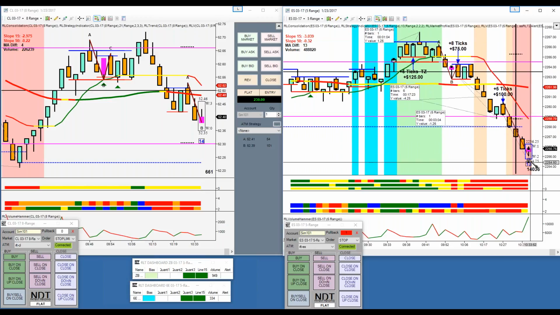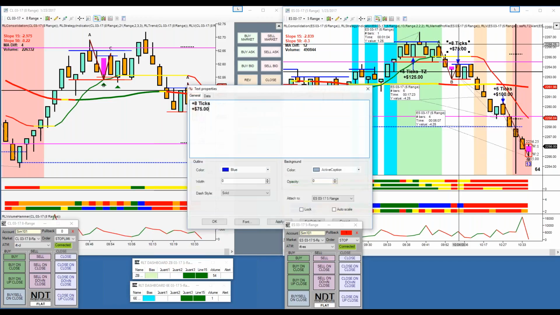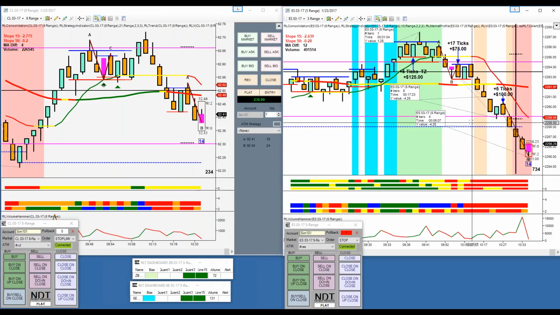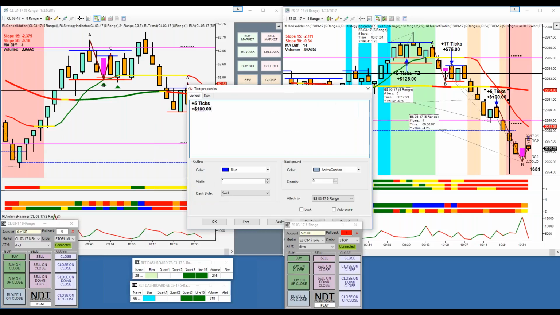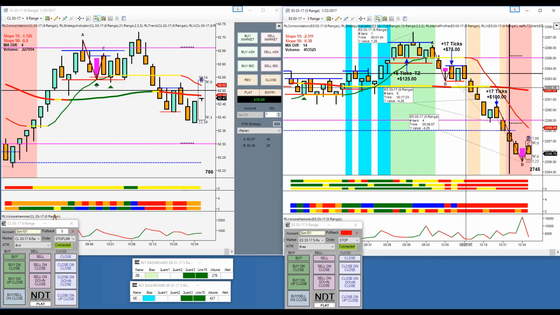And just for our scaling purposes, this one went 4.25. This is a 17-tick trade. We only made 75. This was a 17-tick trade too. We left money on the table, but we closed at the 50. It broke. We closed at the major pivot. It broke.